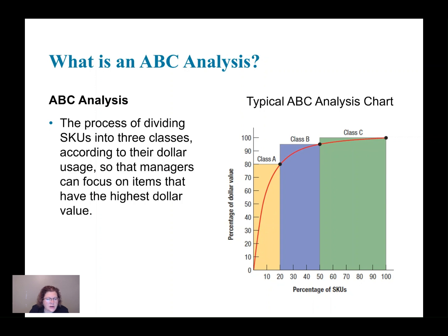These would be items that are fine if you stock out. These are items that would be easy to replace with alternative items or easy to get from another supplier. So Class C items are the least important to actively manage, while Class A items would be the most important to actively manage and stay in stock.